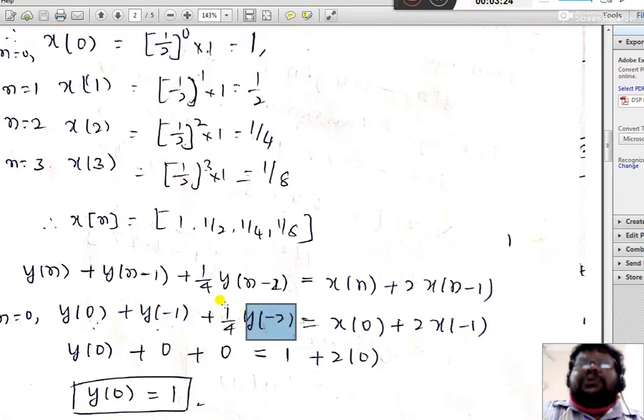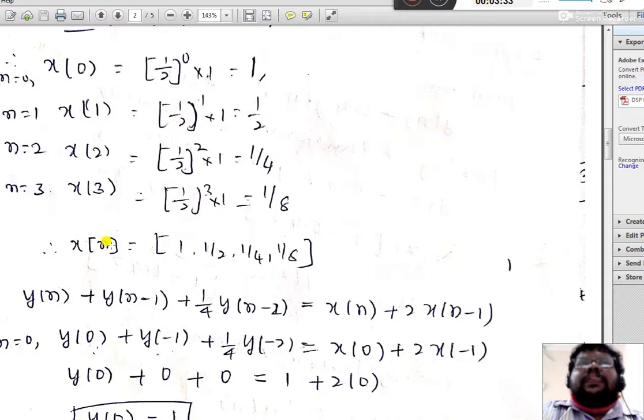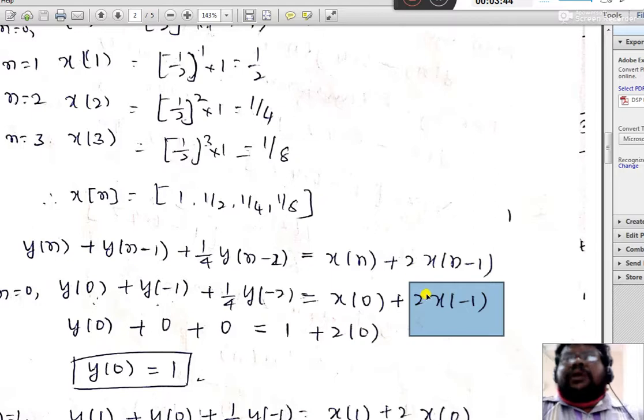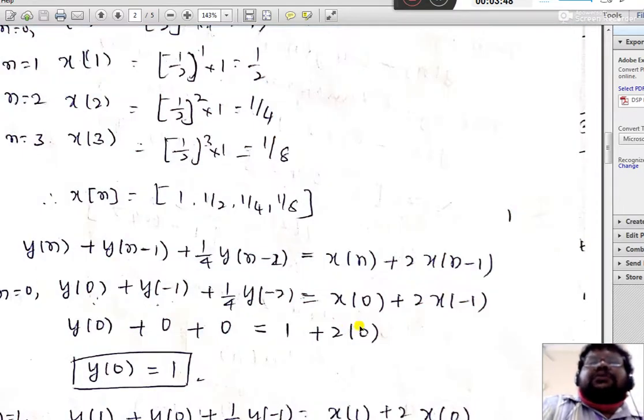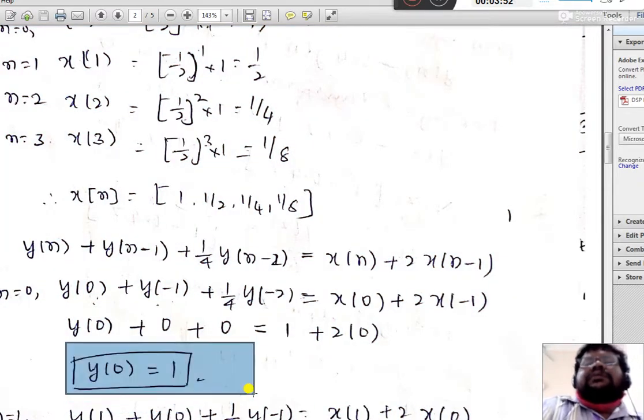So by putting these, we find y of 0: y of minus 1 is 0, y of minus 2 is 0, x of 0 we have found is 1, and x of minus 1 is 0, so 2 into 0 is going to be 0. After solving this, we get y of 0 is equal to 1.